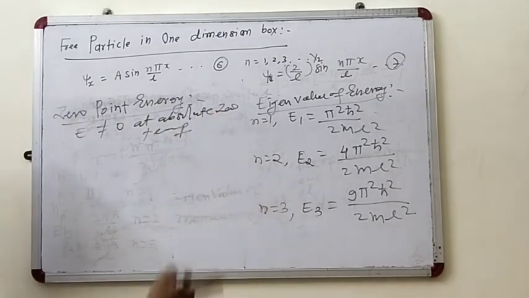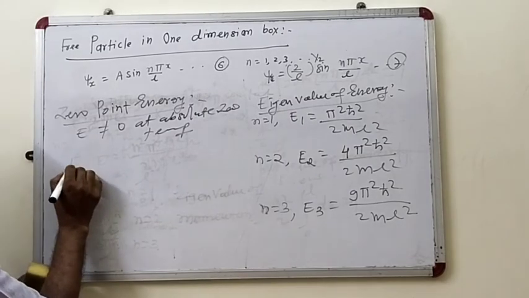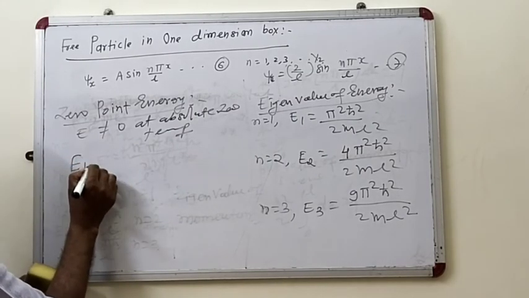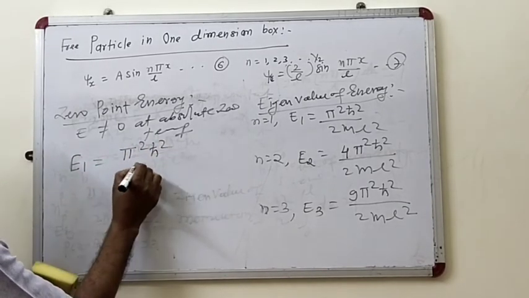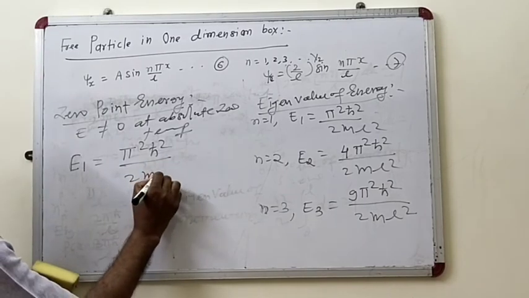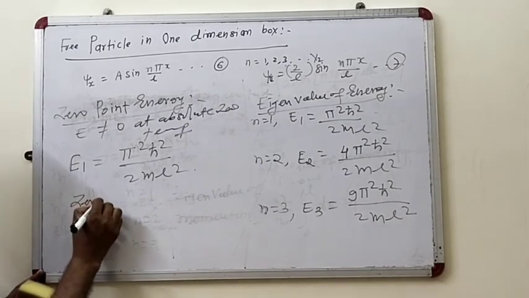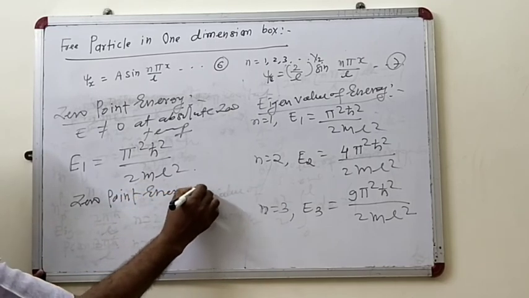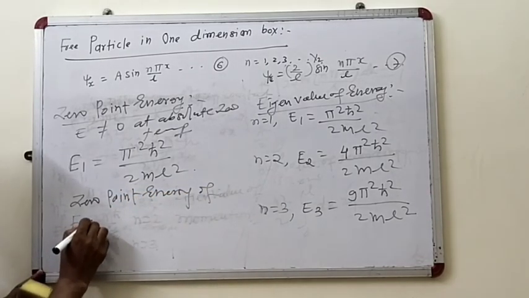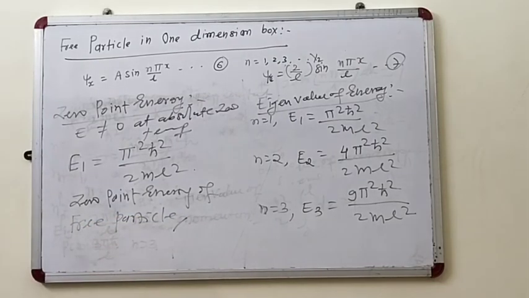Therefore, the lowest value of energy is obtained when n is 1: E1 equals pi square h cross square by 2 m L square. This is called the zero point energy of a free particle when it is present in a one-dimensional box.